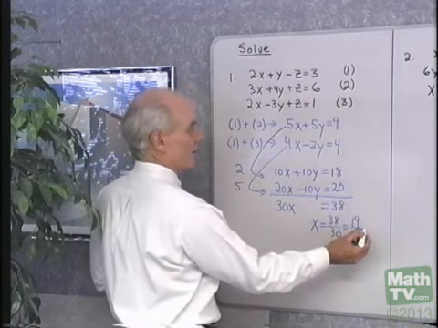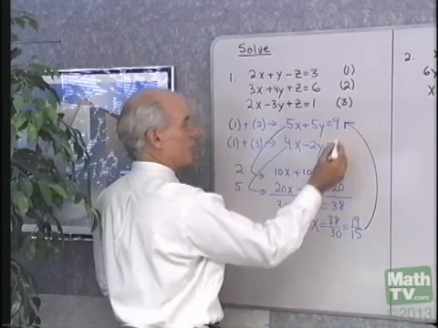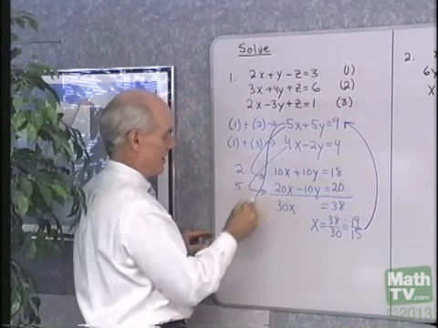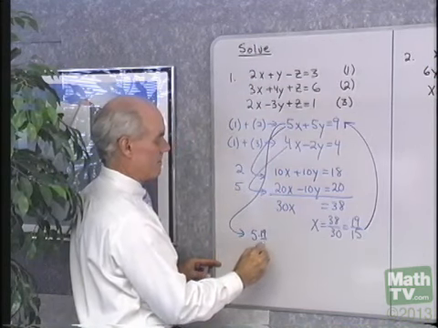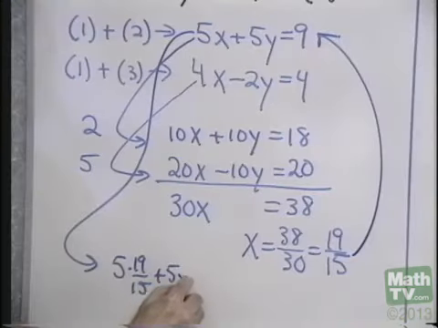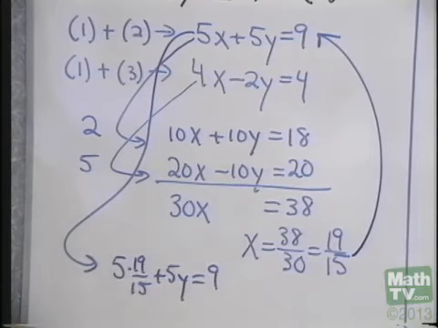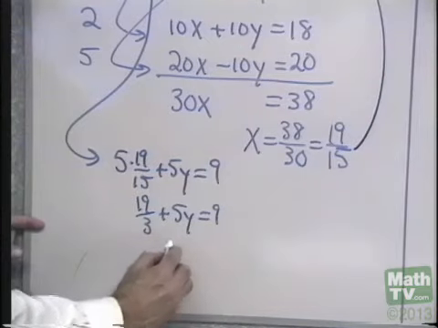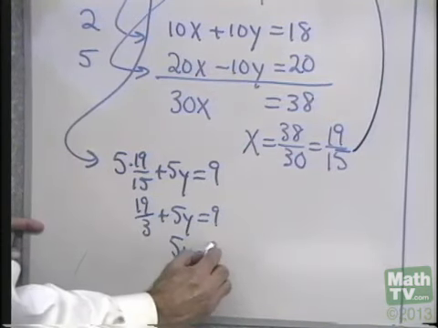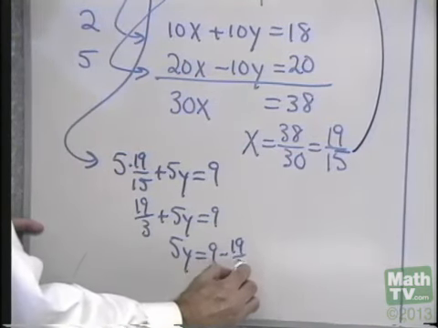So let's take 19/15, put it back into this equation, and that will give us 5 times 19/15 plus 5y is equal to 9. Now 5 divides into 15 3 times, so I have 19/3 plus 5y is equal to 9. 5y is equal to 9 minus 19/3.